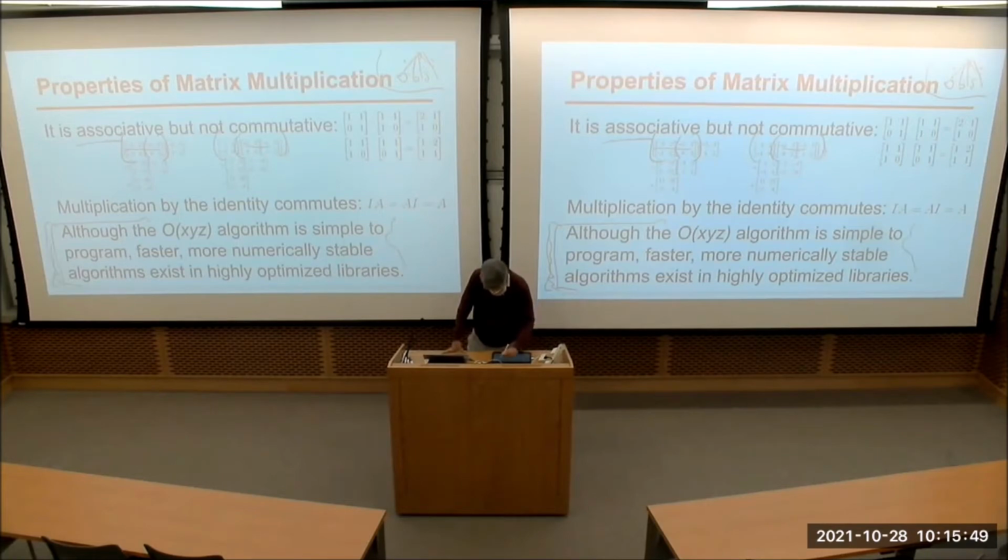A times B doesn't necessarily give you the same answer as B times A. So you can group them as you wish, but you can't rearrange them. Perhaps the most special case where you can rearrange them is when you multiply something by an identity matrix, which is just ones along the diagonal and zeros elsewhere. The identity matrix times A gives the matrix A, as does A times the identity matrix. Any questions?